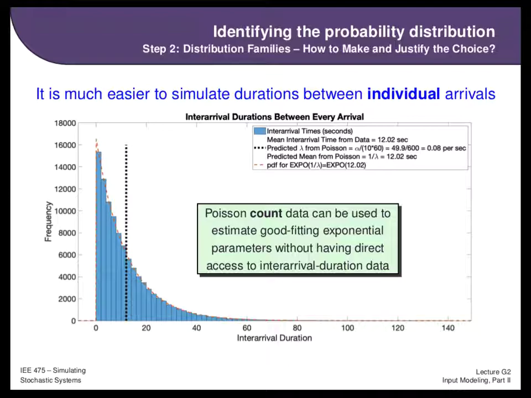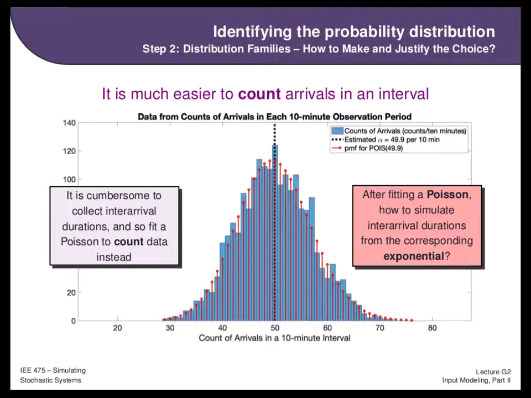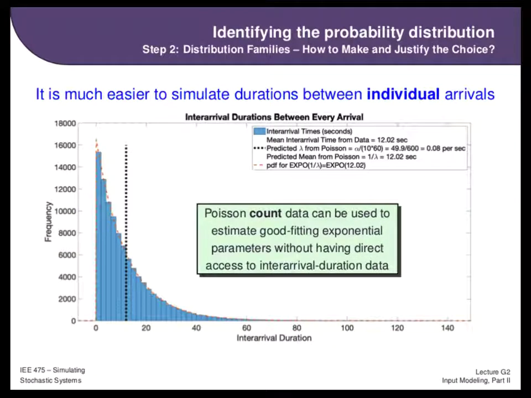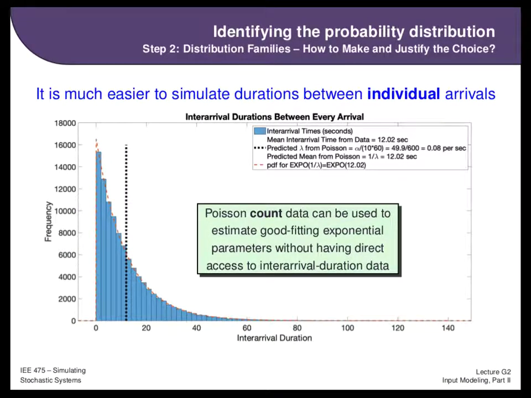Yeah? In the Poisson distribution, the alpha, that 50, is like the mean of a bunch of 10-minute counts? That's right. And then in the exponential, what does the lambda represent?